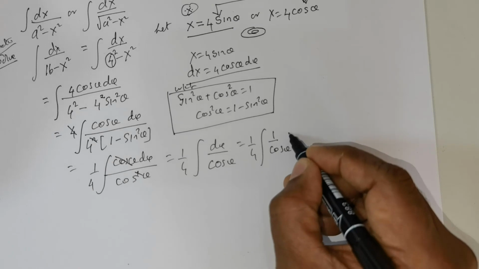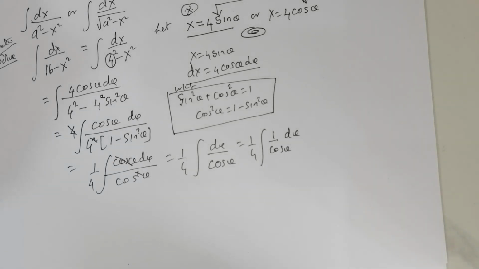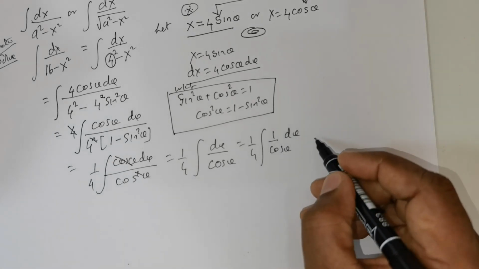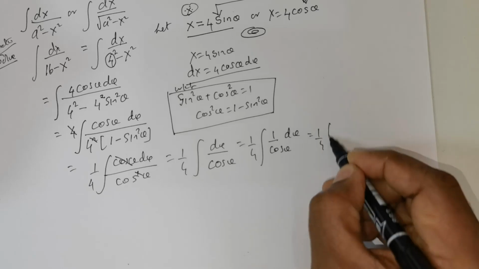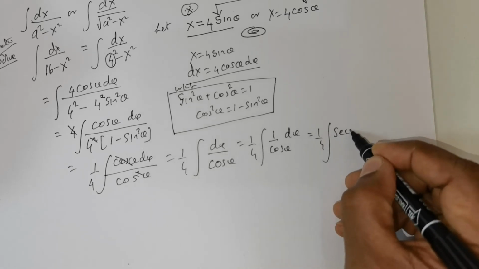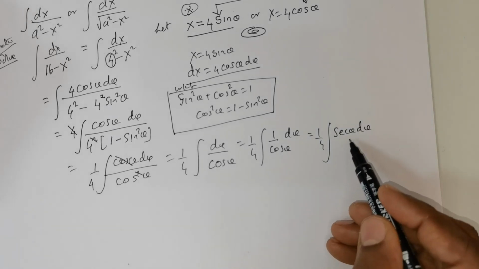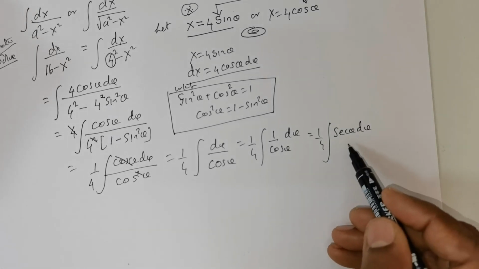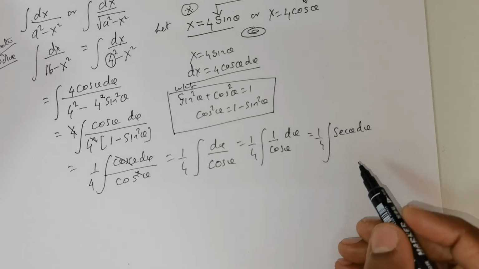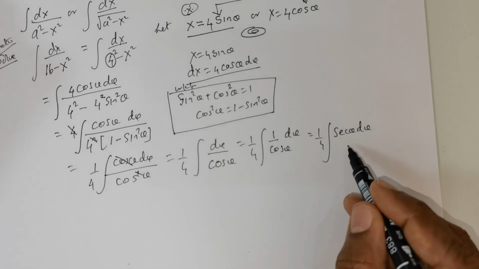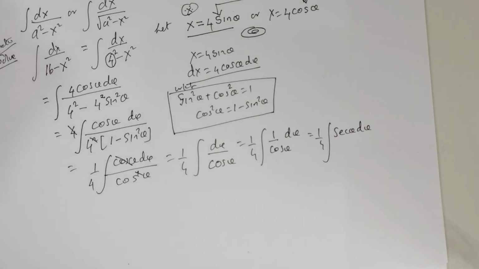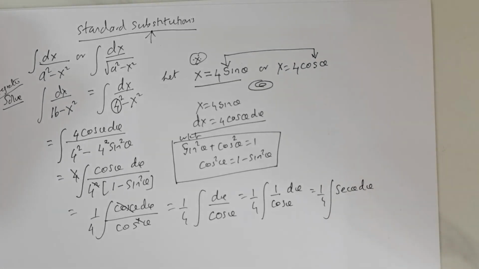Now this is 1 over 4 times integral, 1 over cos theta times d theta, right? Now what is this 1 over cos theta? 1 over cos theta is nothing but secant theta d theta. Now you have to get the value for integral of secant theta. I have already given you a formula for integral of secant theta, and I will be utilizing that formula over here.